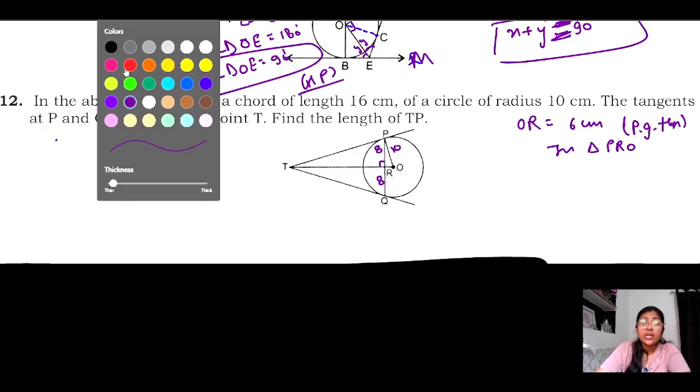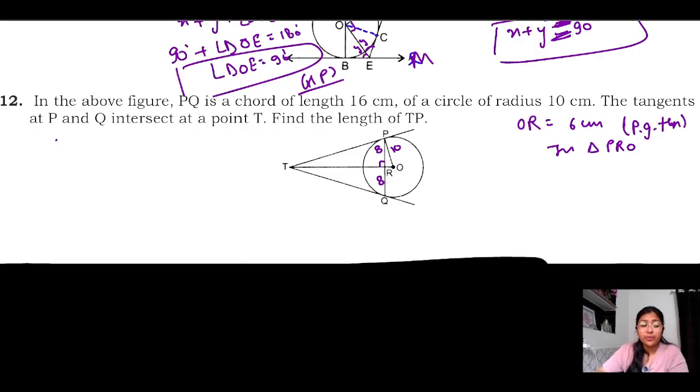Now, this question again can be done by two methods, but I am telling you the simpler method with the help of similarity. You can prove these two triangles similar. In triangle ORP and triangle OPT, can you prove these two triangles are similar? Yes.